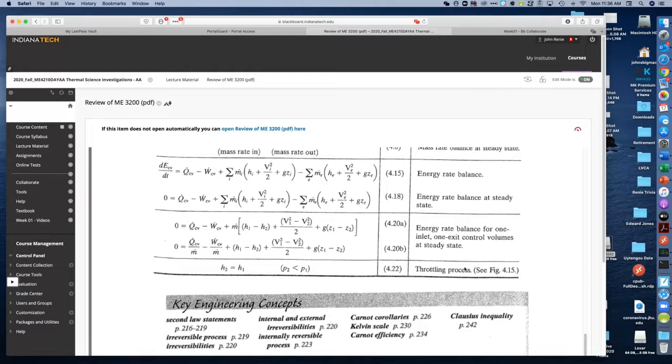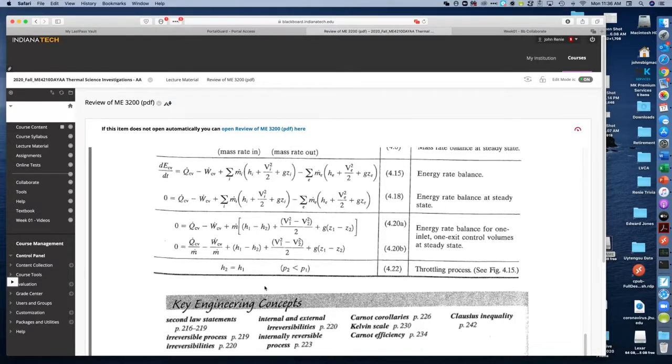One of the things discussed in this chapter is what's referred to as a throttling process, a very simple process where there's no heat transfer occurring, there's no work occurring, there is no perceivable velocity change, and no position change. And because of that, enthalpy remains constant for the steady process. That's just the ramification of a generalized one inlet, one exit control volume at steady state wherein a throttling process occurs.